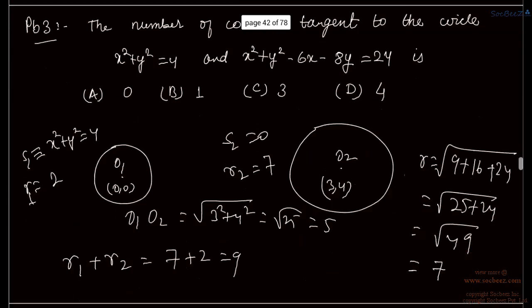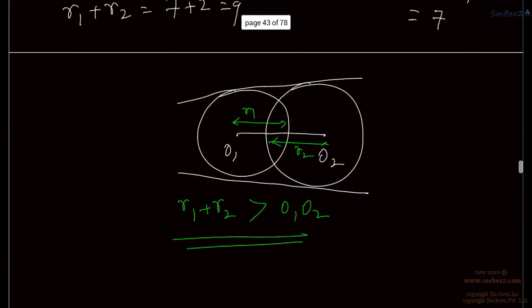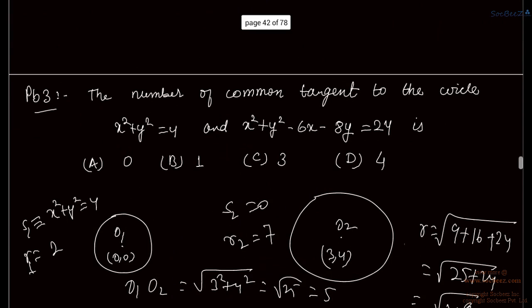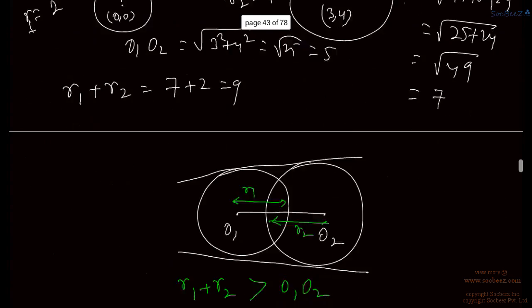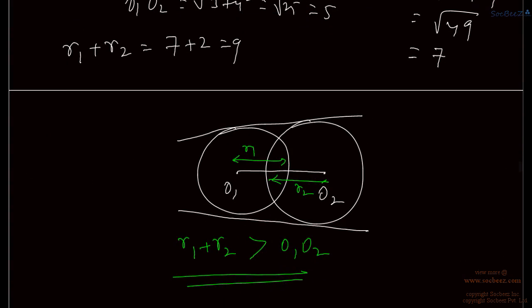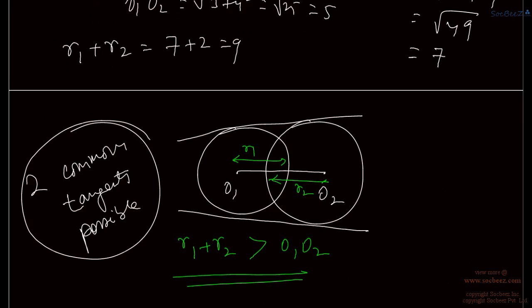The options are not matching whatever is coming. That is 2. Two common tangents are possible, but it is not given in the options. But this is the correct answer, 2. So we have 2 common tangents possible. Okay, so 2 is the correct answer.